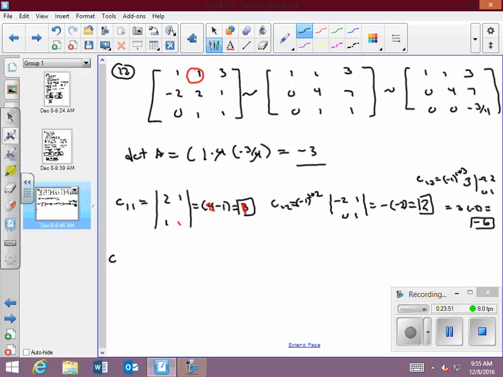So C, second row, first column, is a -1 to the 2 plus 1, and then that's a -2.